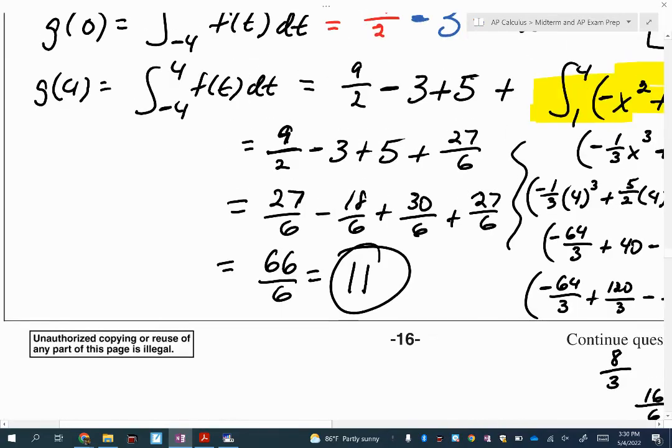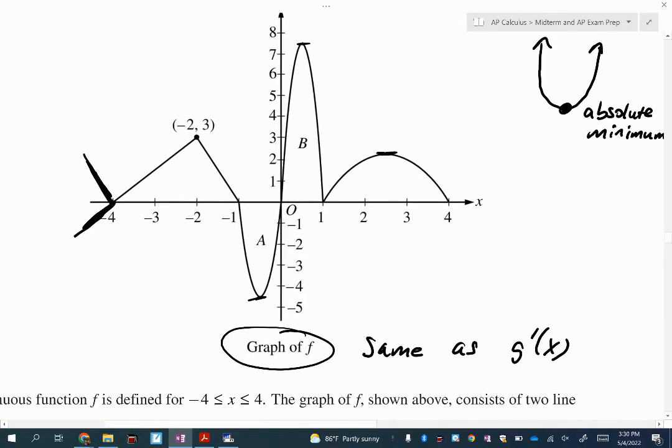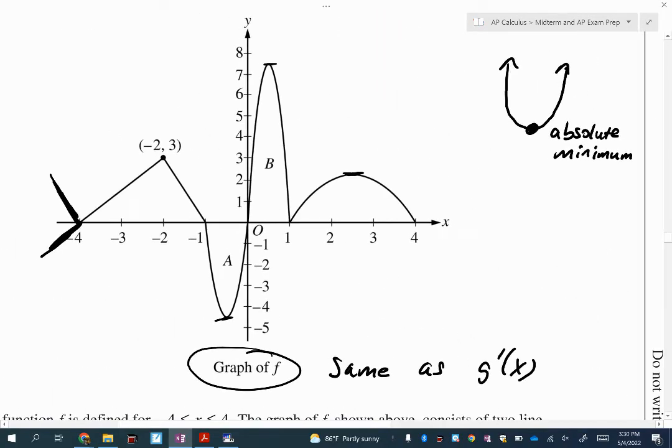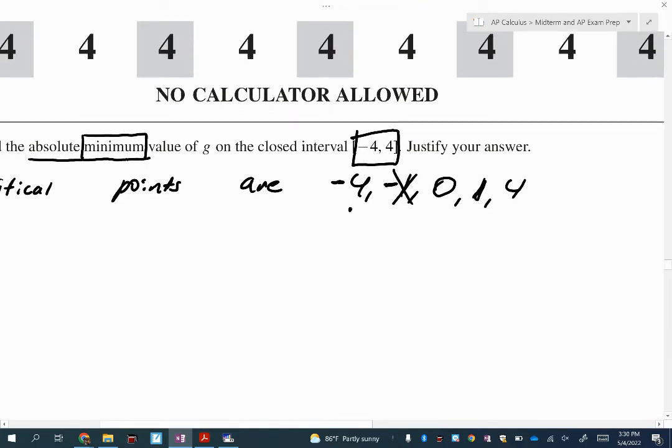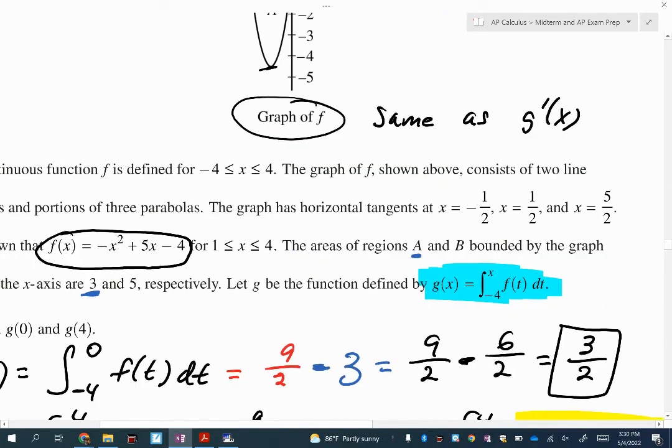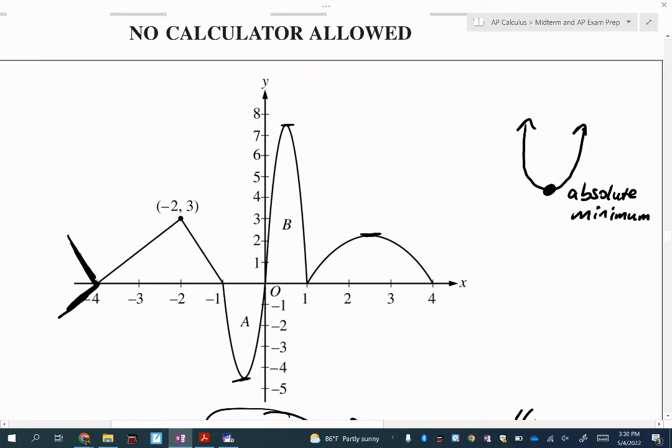Let's do 0. What's happening with 0? Negative values to positive values, so we're going to be decreasing to increasing. Is that what I want? Yes. So could 0 be it? Yes. So far it could be -4 or 0. Let's try 1. What's happening with 1?